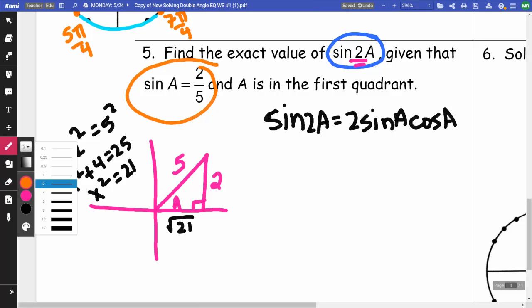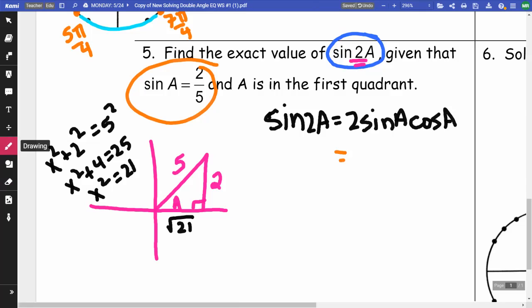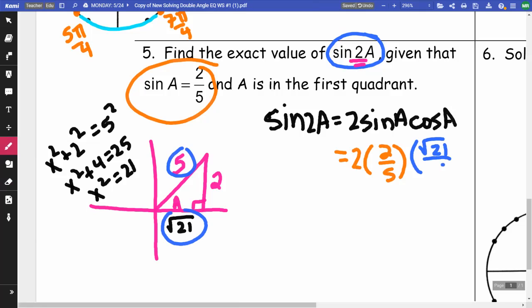This is my sine. So I'm going to have 2 times my sine of A, which is 2 over 5. And then my cosine is going to be adjacent over hypotenuse. So that's going to be root 21 over 5. And then I'm going to do that math.